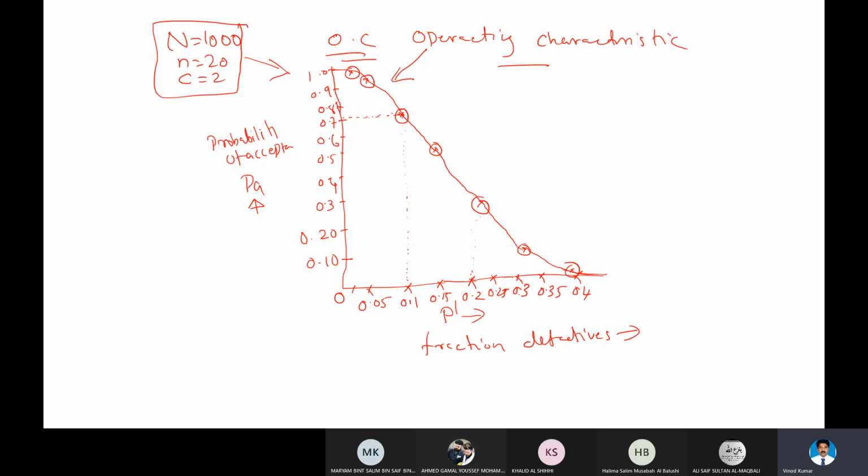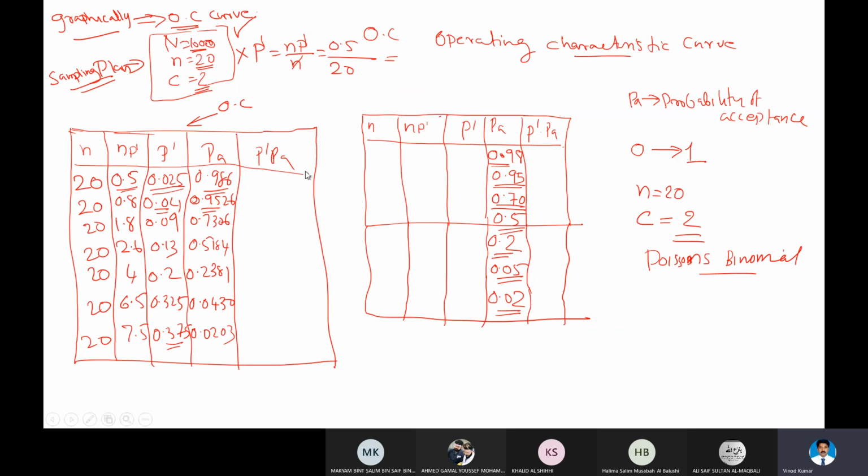Now I have given you one more item here, which is not asked in the question, but if it is asked later on, you can find it. Can you calculate P dash times PA? 0.025 times 0.986. How much? 0.02465.